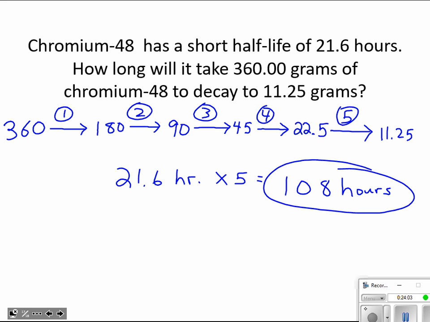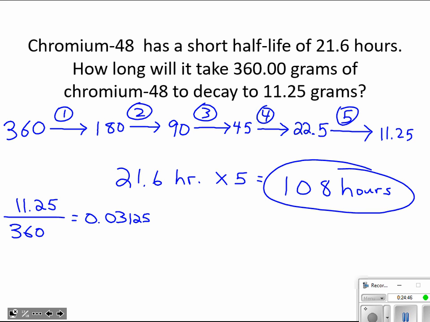So it's going to take 108 hours to get that 11.25. Now, I'm going to show you something else here too. 11.25 out of the 360 gives me 0.03125.